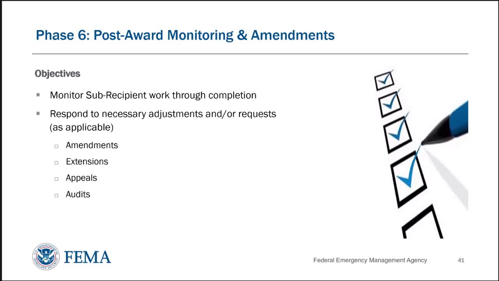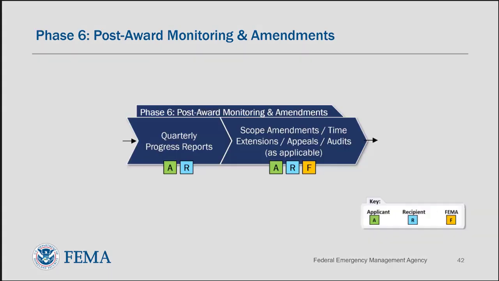Making any adjustments, amendments, extensions, appeals, audits. As you can see, this process, which is supposed to be fairly quick, can take a while. I mean, here we're talking quarterly progress reports, amendments, extensions, appeals, audits.